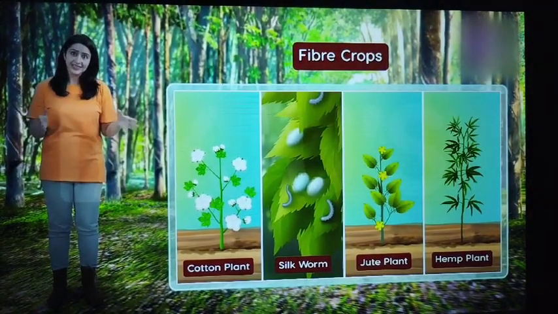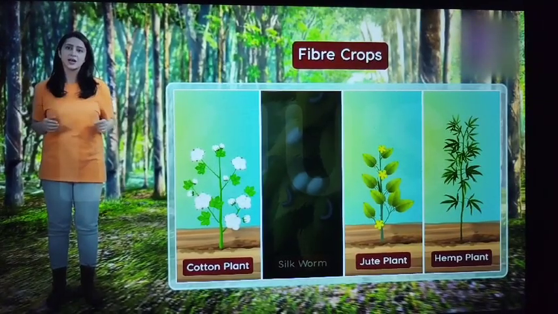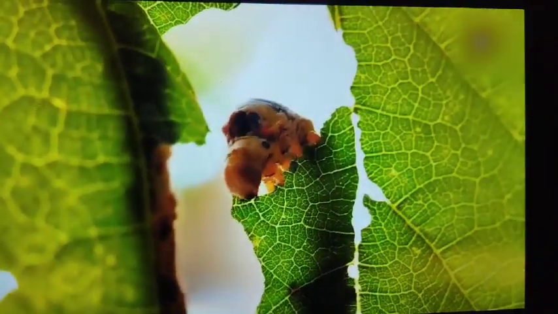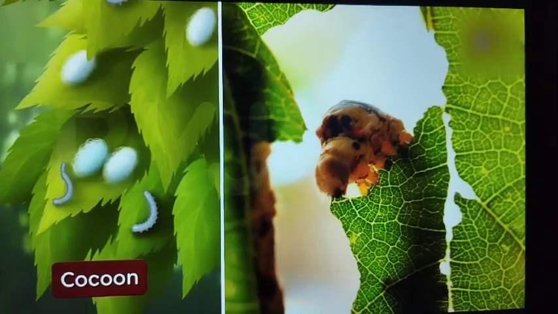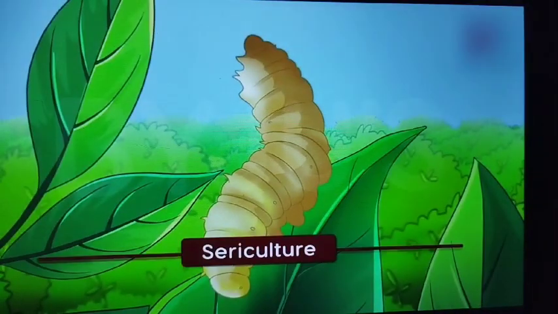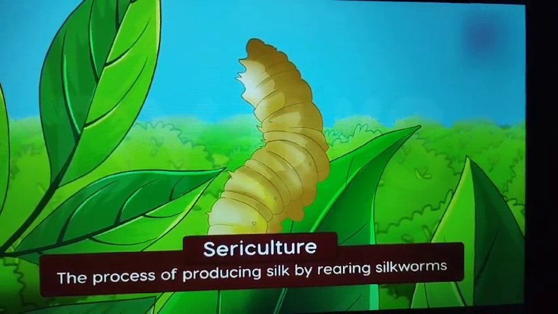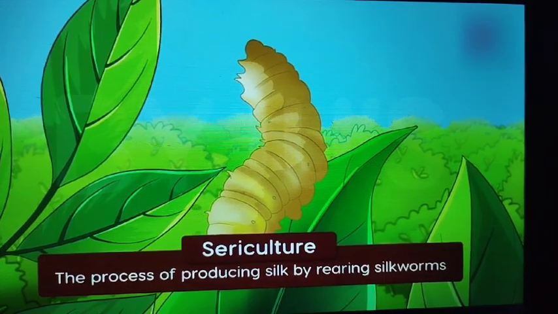Among these, except silk, the other three fibers are obtained from plants. Silk is produced from cocoons of silkworms that feed on the leaves of mulberry plants. The process of producing silk by rearing silkworms is known as sericulture. Now, let's learn about a crop that most of us use.